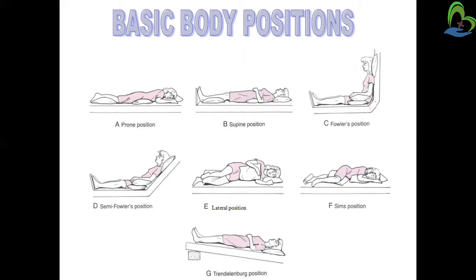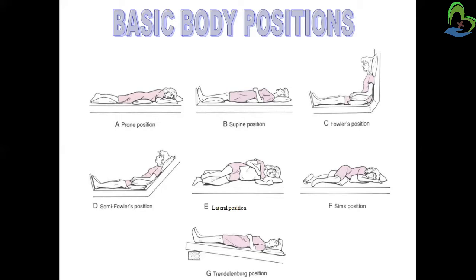The first image denotes the prone position. Second, the opposite of prone, is the supine position. Generally when we are in sleeping mode, the position of our body is the supine position. Third is the Fowler position.